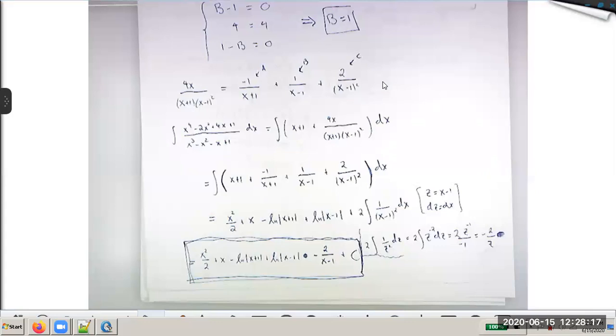Last call for questions on this problem, any one of these steps. I like that. Slow is smooth, smooth is fast. Yeah, very good.